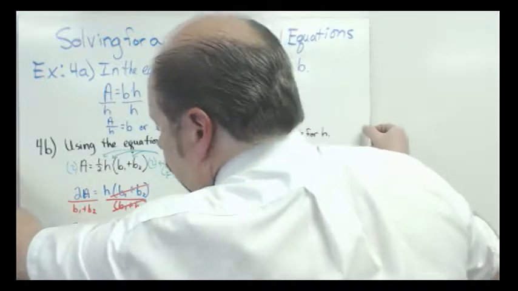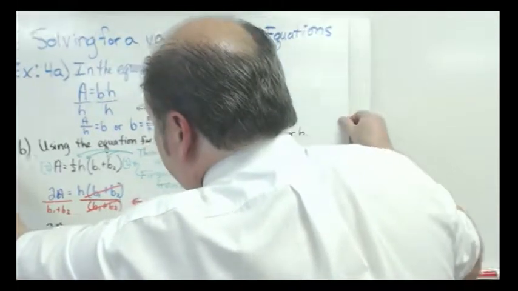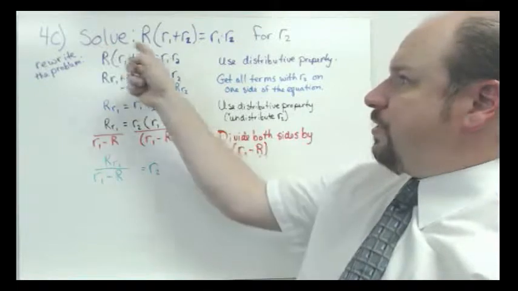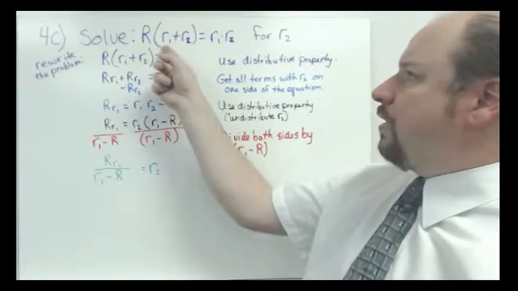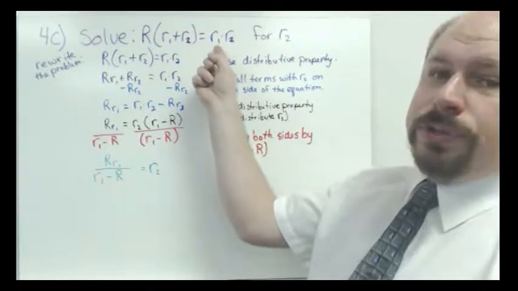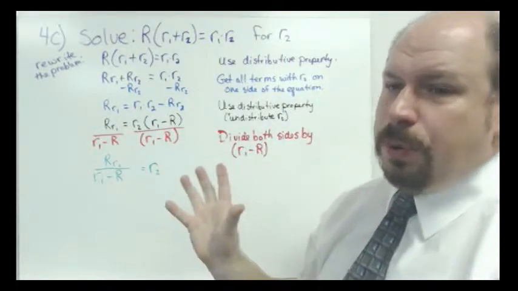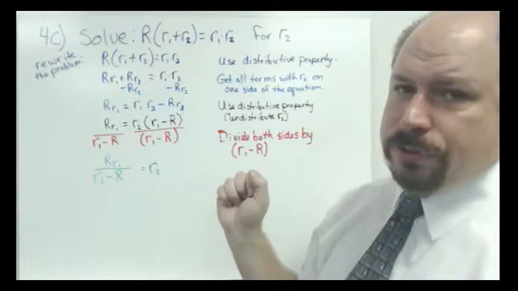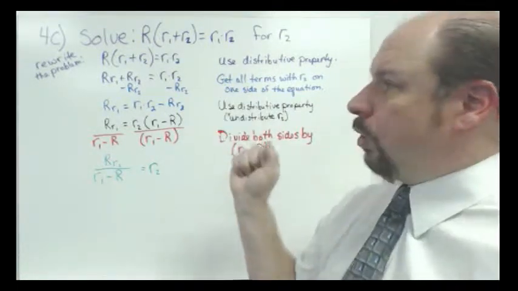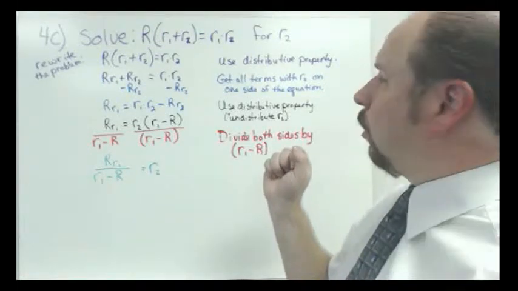Okay, and our final example. Solve R times the quantity R1 plus R2 equals R1 times R2. So this is probably our most complicated example so far, and I don't think you will see any that are any more complicated than this in your homework.